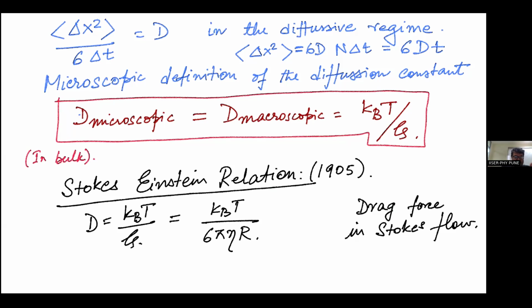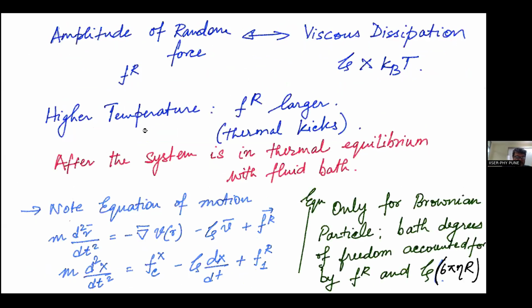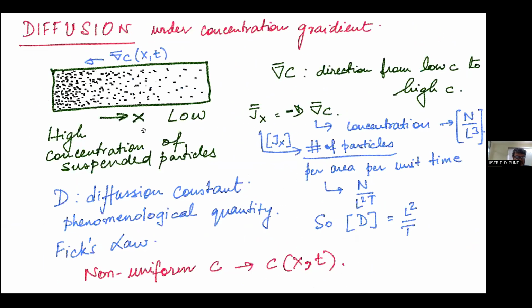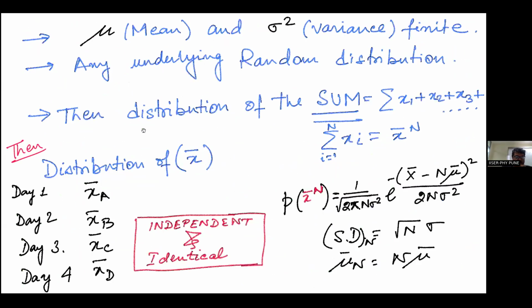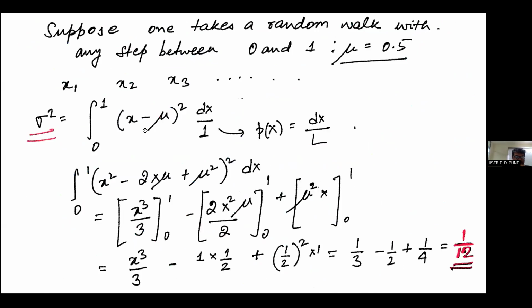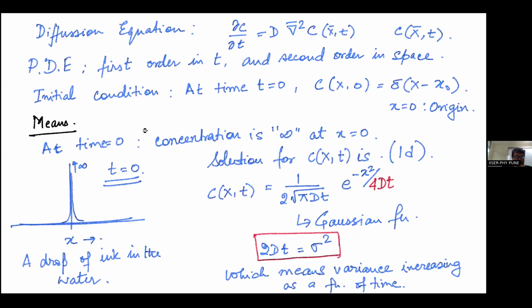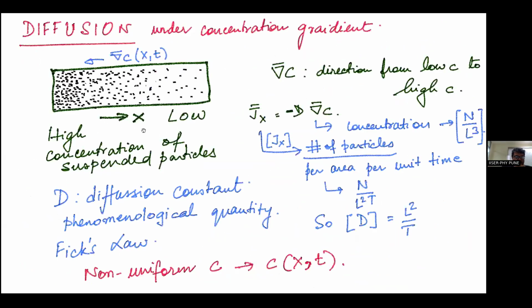But let's go back to that figure, this one. Each particle is doing a Brownian motion. This guy has equal probability to go to the left or to the right.